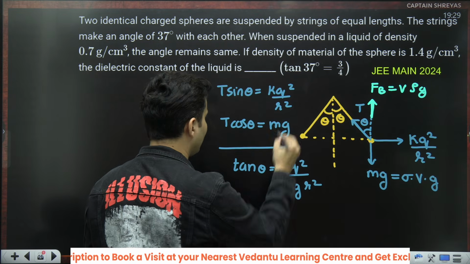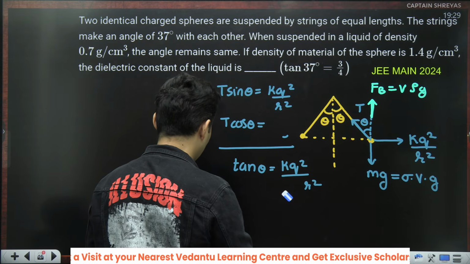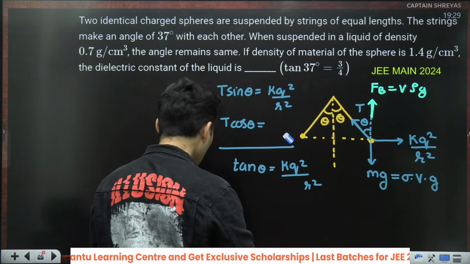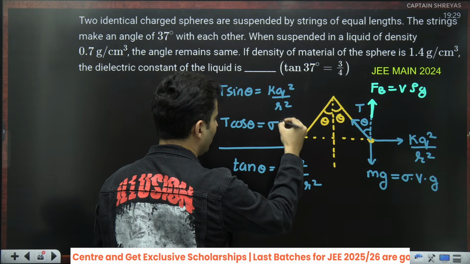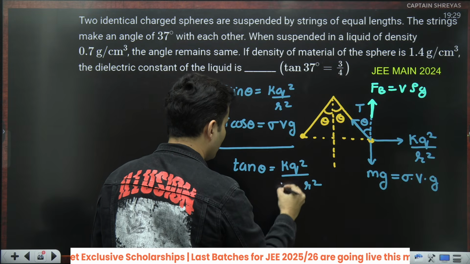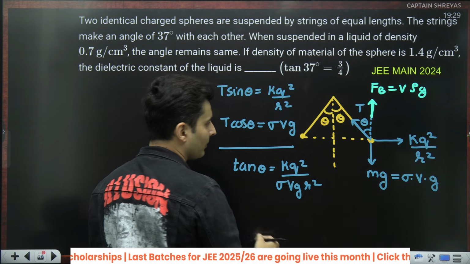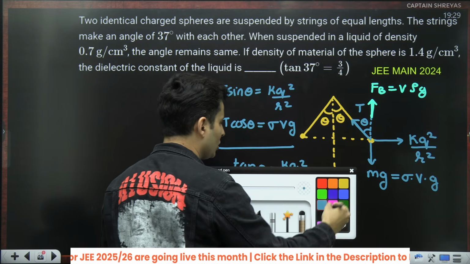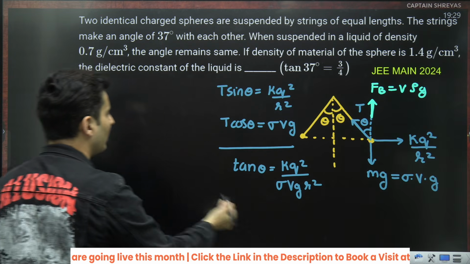That means over here as well, because mass was not given, here also we'll put it as sigma v g. So here also sigma v and g. So that's the only difference, guys, in the second part of the problem. So again, what will you get?